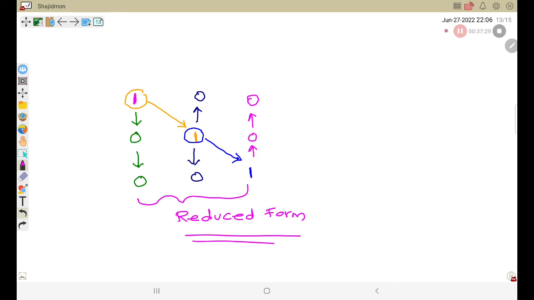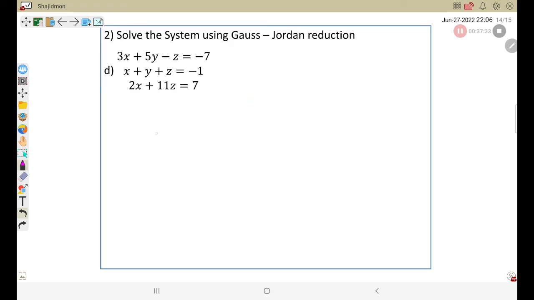Okay, I hope you understood. Okay, you can practice this method on this question. You can check what answer you are getting. Okay, you can comment that one.